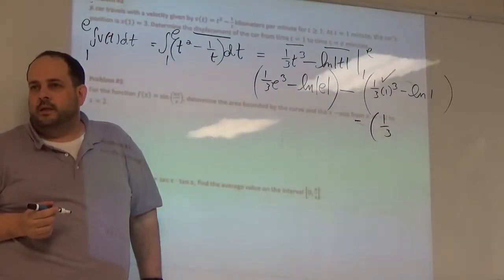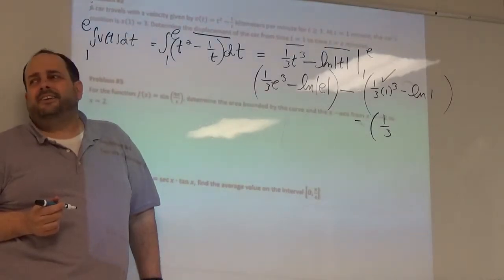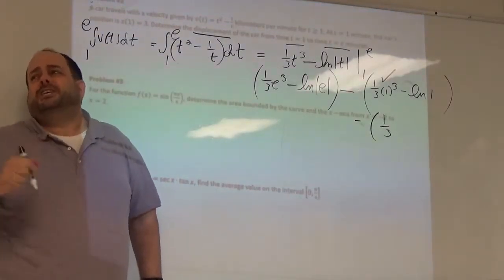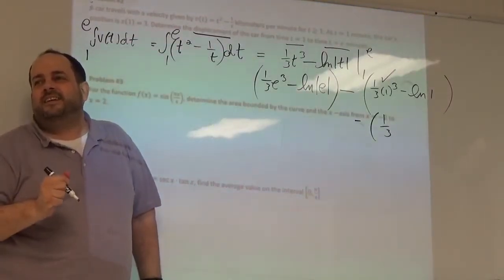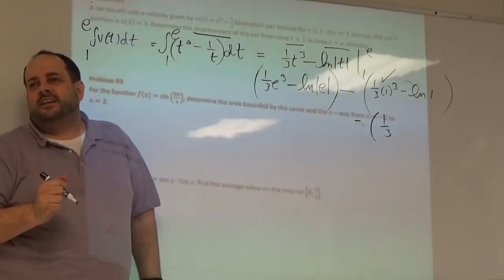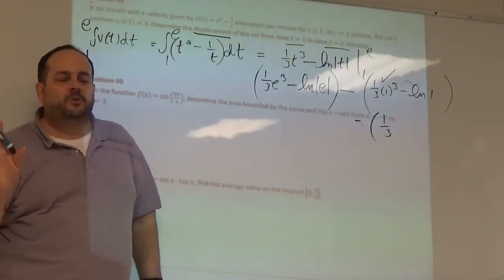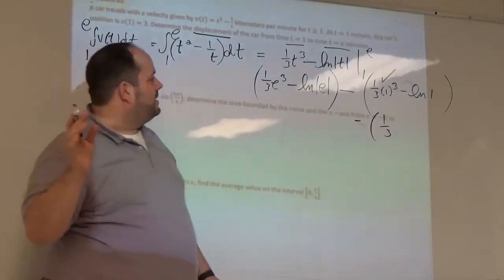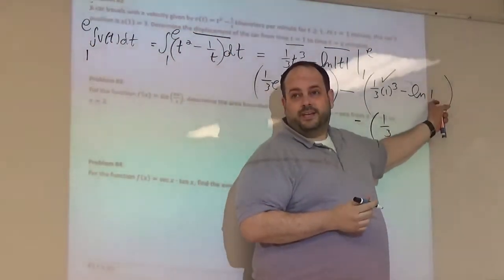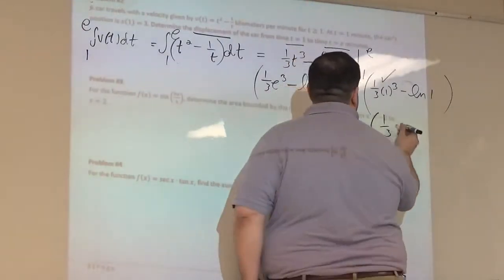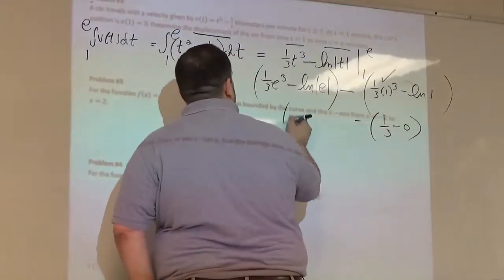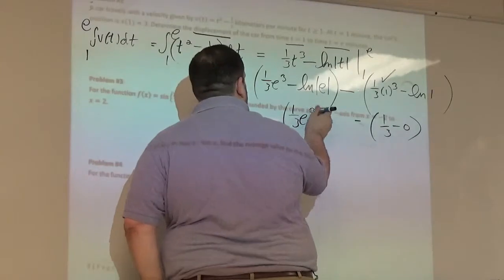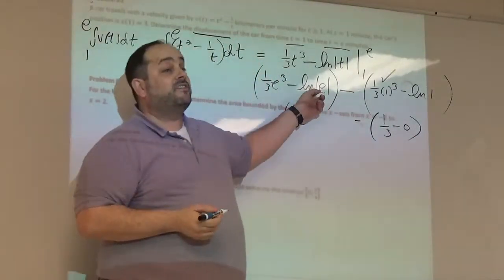The natural log of 1 is 0. I was hoping somebody else was going to tell me about the natural log of e. They were going to tell me that the natural log of e is 1.